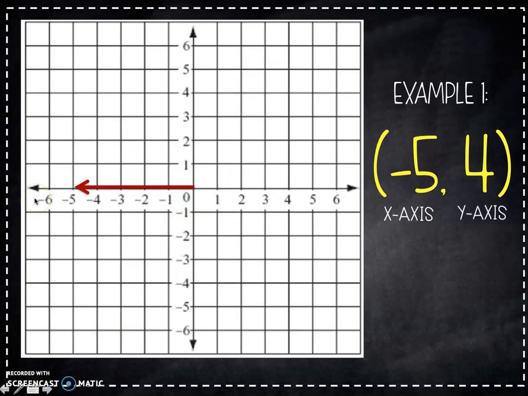Okay, and our y-axis says to go up to +4. So from there, we're going to go up 4. Where those two lines meet is where we're going to put our dot. Okay, so that is a quick review of how to plot our points. Just remember to start at the origin, and then go left or right for your x, and from there, go up or down depending on your y.